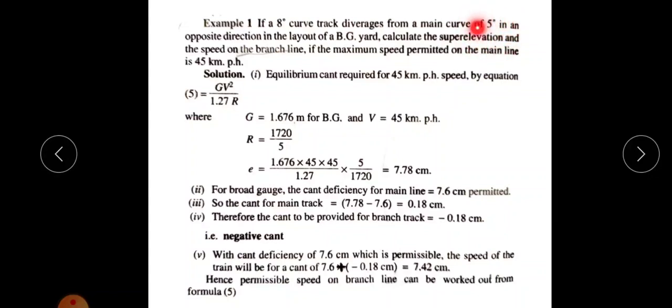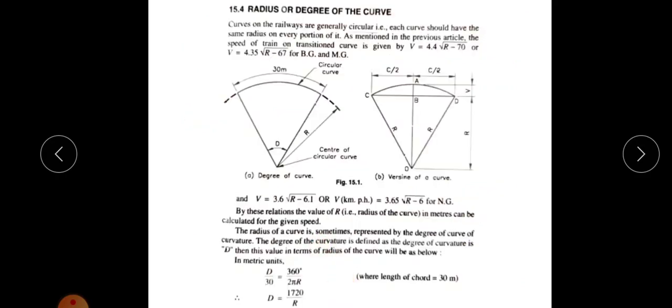So if degree of curve is given, what is the equation for calculating radius? This is the relationship between degree of curve and radius, that is D is equal to 1720 divided by R for a chord length of 30 meter. That is, when we are assuming the chord length as 30 meter, this is the relationship between degree of curvature and radius.